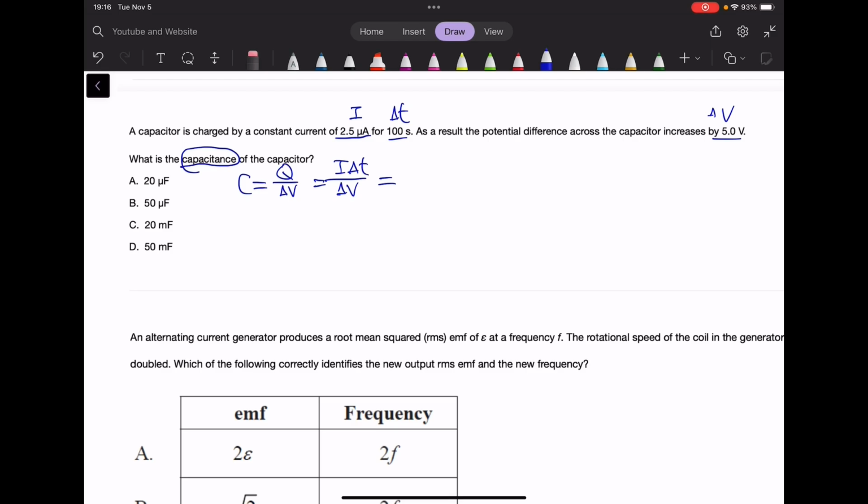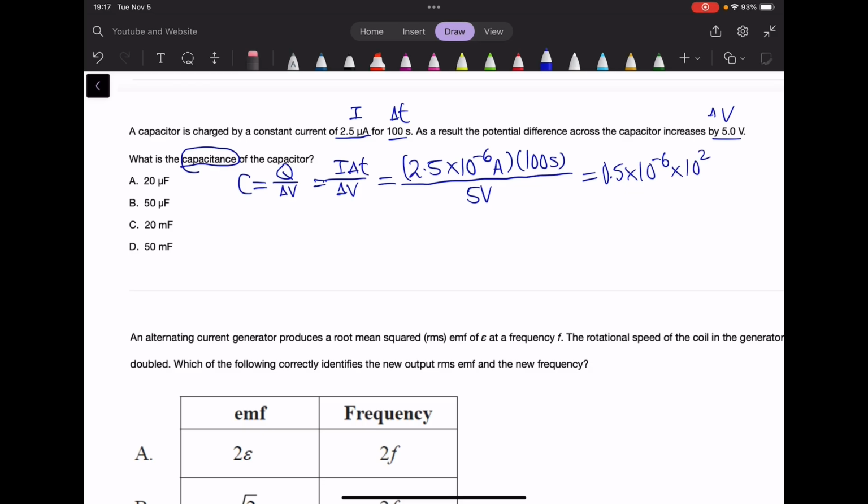So now we can substitute numbers. Current is equal to 2.5 microampere. Converting microamperes to ampere, we multiply the quantity by 10 to the power of negative 6. And then time is 100 seconds. Potential difference is 5 volts. So this gives us 0.5 multiplied by 10 to the power of negative 6 multiplied by 100, so 10 to the power of 2.